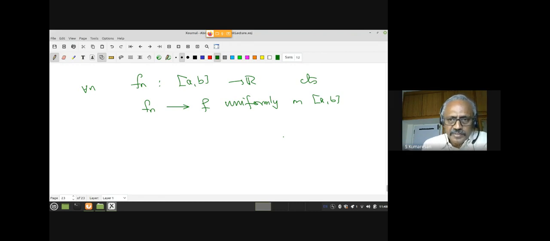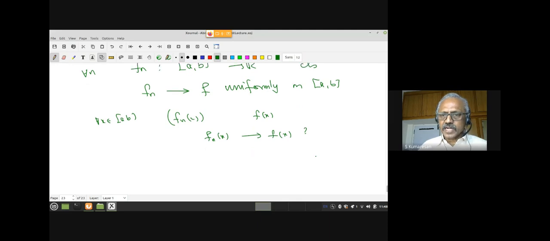Are you following what I mean? I know how to deal with a sequence of real numbers. Therefore, what I do is fix any x in ab. Then let's look at Fn of x. This is a sequence of real numbers. Fx is a real number. So what I can ask is whether this sequence of real numbers converges to Fx.